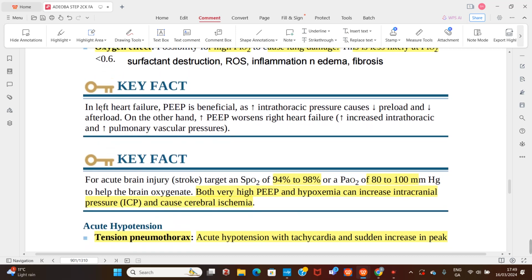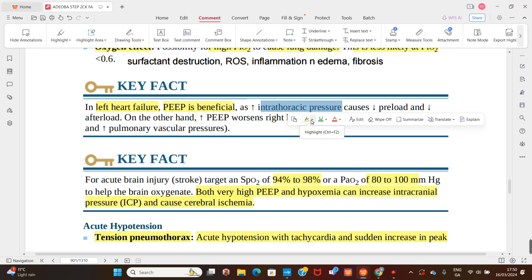And it's very, very important to understand that PEEP can be beneficial in an individual with left heart failure. Clinically important, because when you give somebody increased PEEP, that's going to increase intrathoracic pressure. The increased intrathoracic pressure is going to compress the pulmonary vein. There's pressure there, so it's going to reduce delivery of preload from the pulmonary vein into the left atrium.